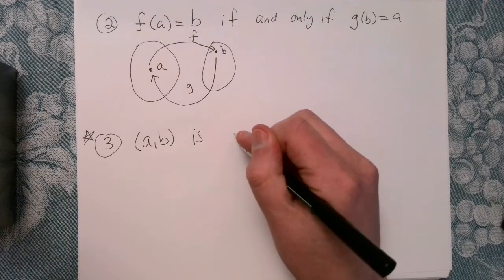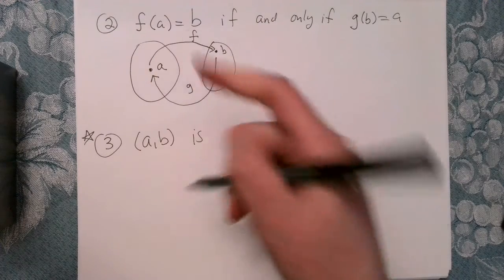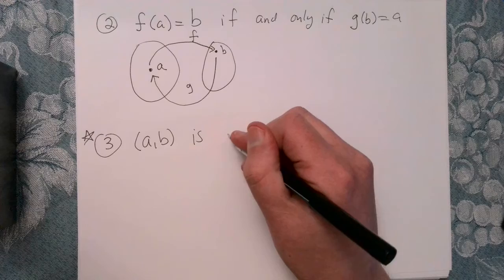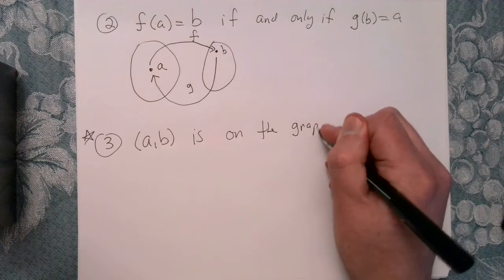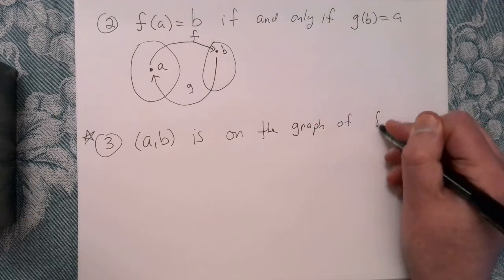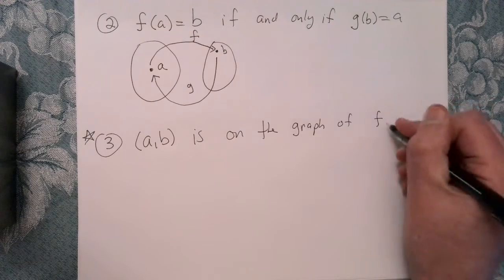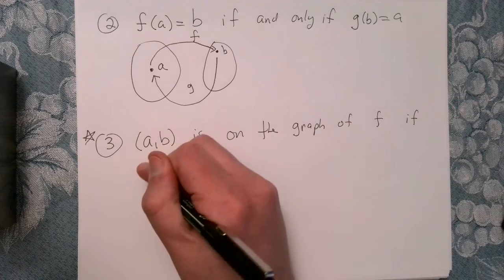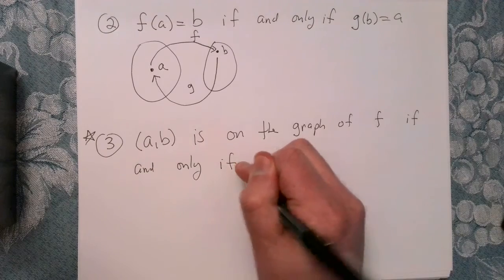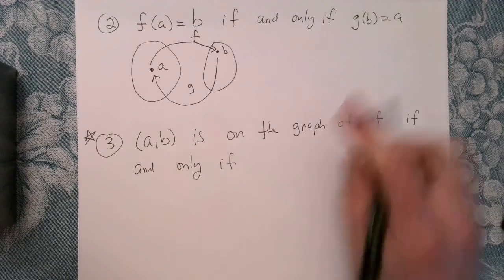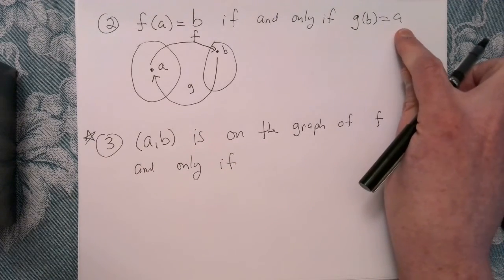So let's say this for now. (A, B) is on the graph of f if and only if (B, A) is on the graph of g.